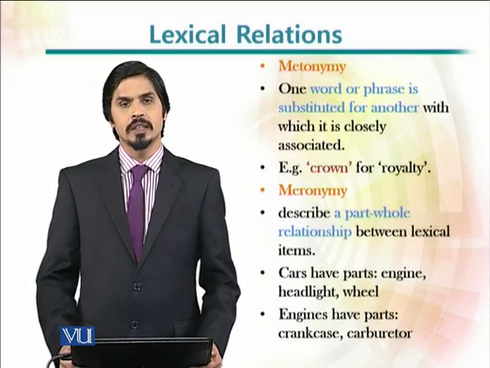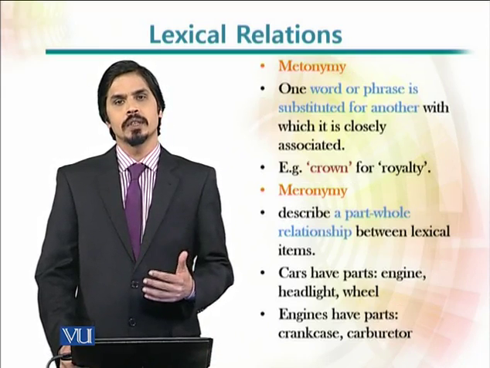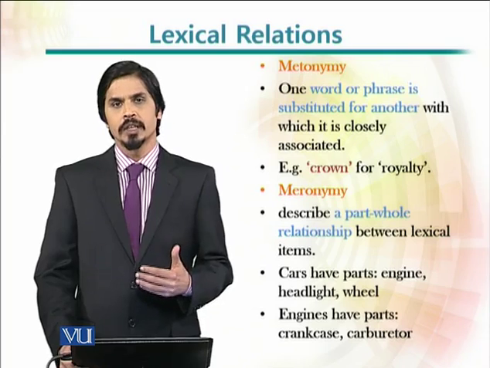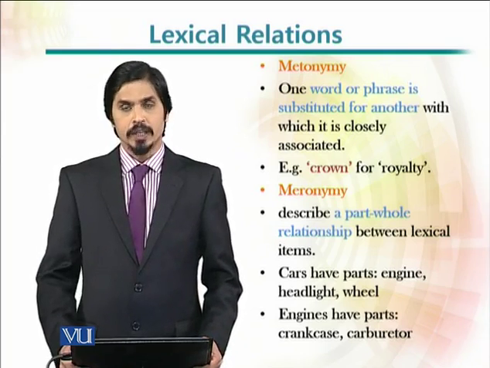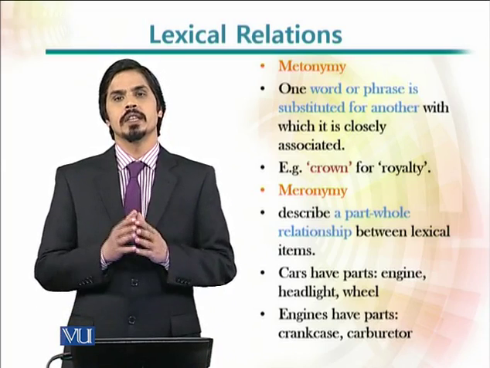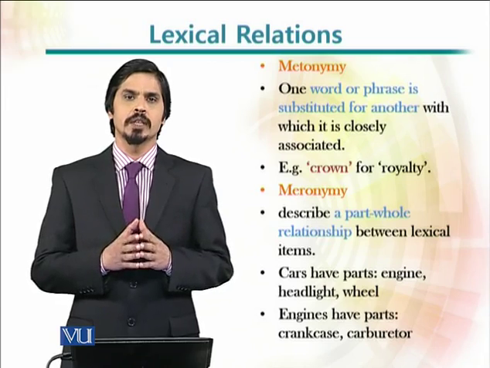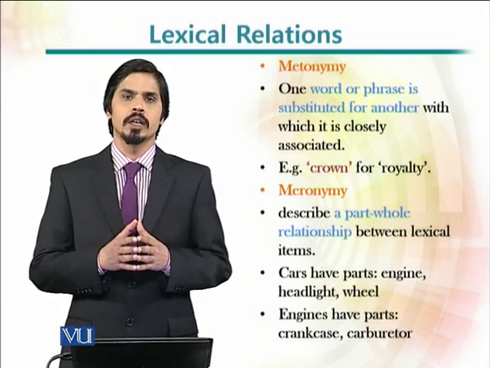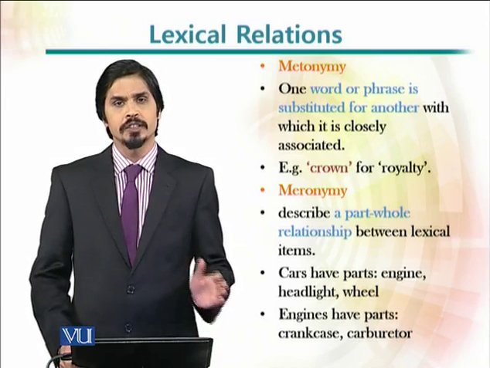Metonymy is another important relationship in which one word is substituted for another or replaced by another. For example, we can use the term crown for royalty, and we have been using it in many contexts where royalty or kingship was in vogue. Meronymy is a part-whole relationship.